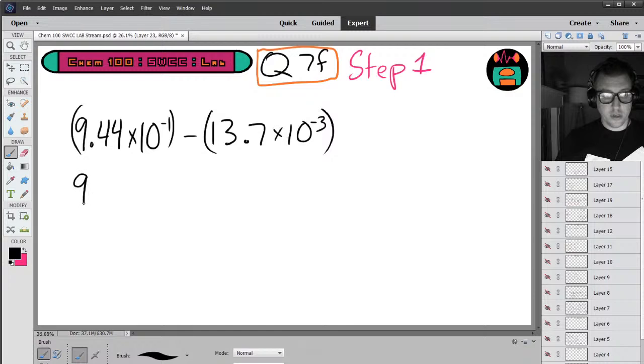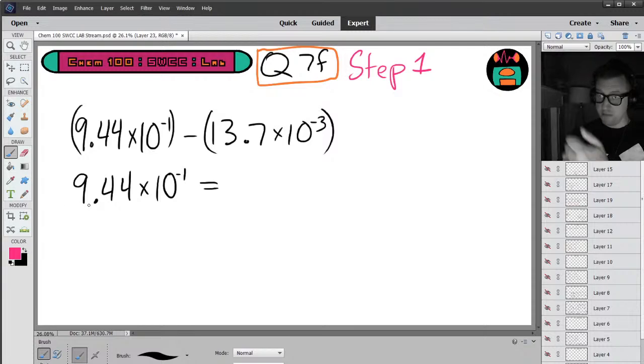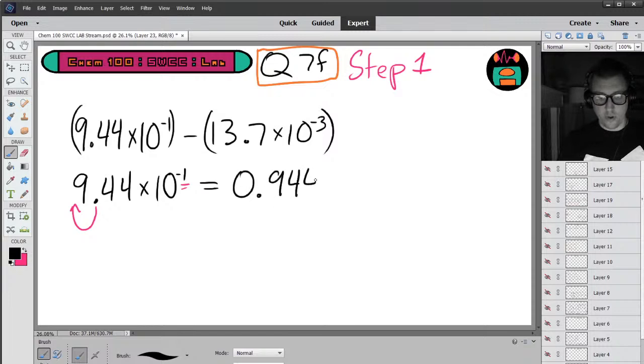I always convert them from scientific notation to standard notation if I'm going to evaluate them. So let's turn these from scientific notation into standard. 9.44 times 10 to the negative 1 equals, so this negative 1 means we need to move the decimal over one space to the left. That's what that means. So this would be 0.944.